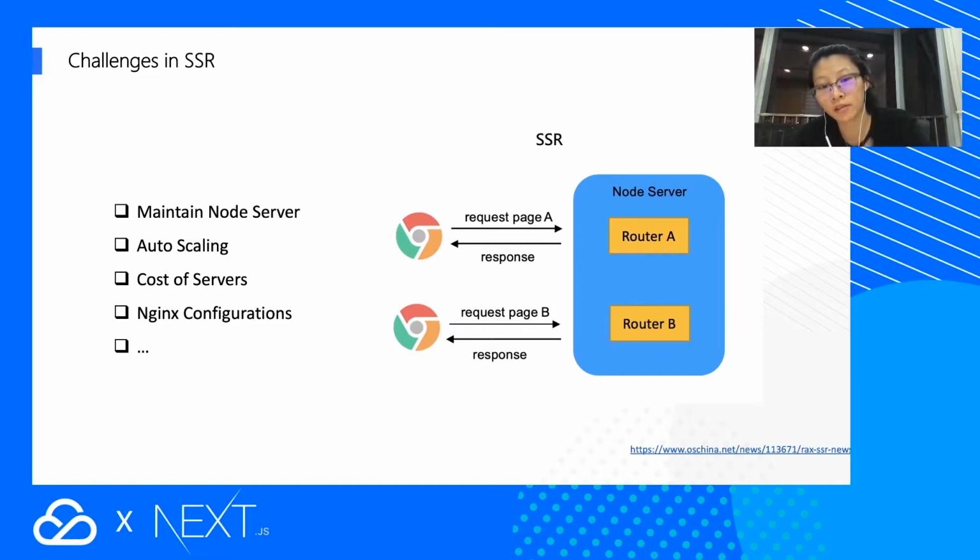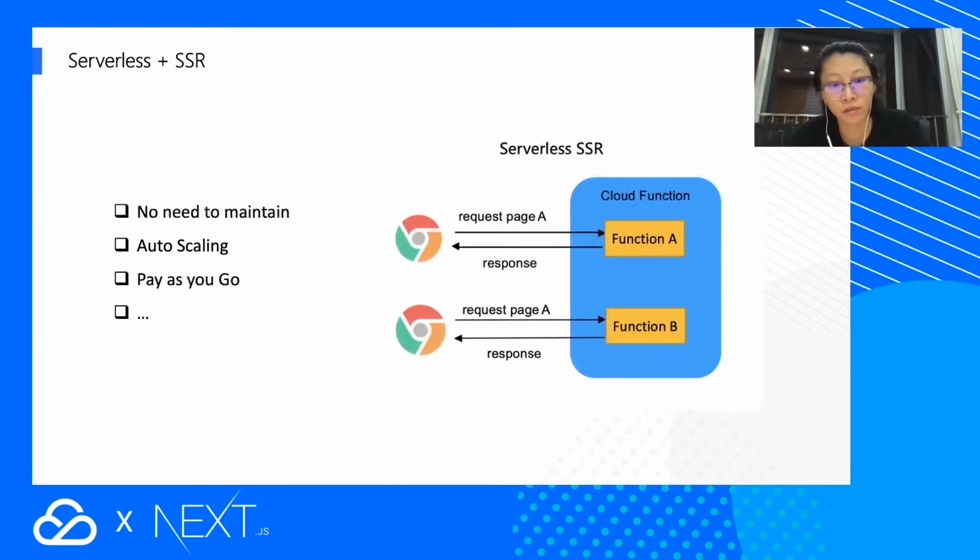Well, it turns out that using serverless to replace the SSR Node server can solve the problem perfectly. For front-end engineers, they don't need to maintain the Node servers and the complex configurations, and also the serverless functions can auto-scale according to the traffic.